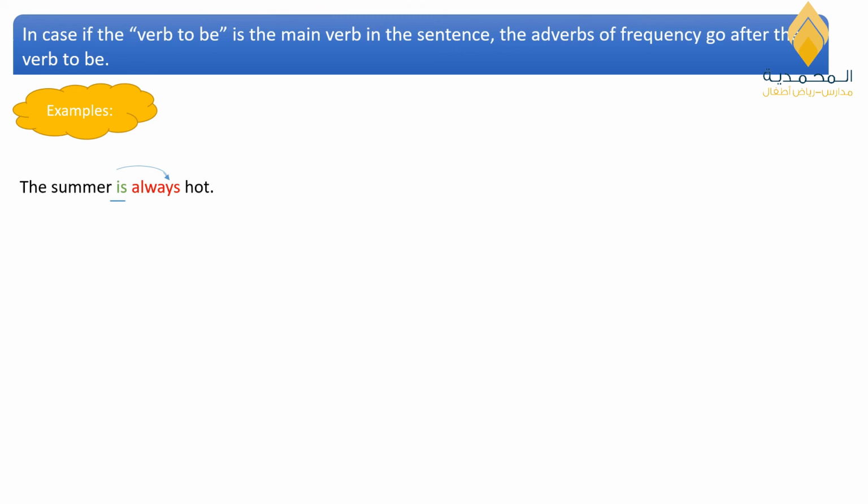Let's see another example. He was never late for the interview. Here, the verb to be, was, which is in the past, is the main verb, and never, which is an adverb of frequency, goes after the verb to be, was. So, if the verb to be is the main verb in the sentence, the adverbs of frequency go after the verb to be.